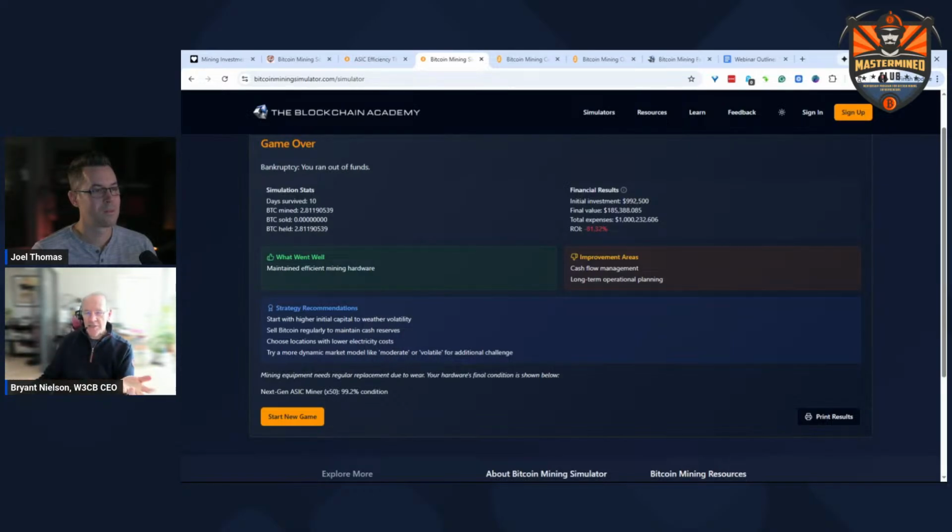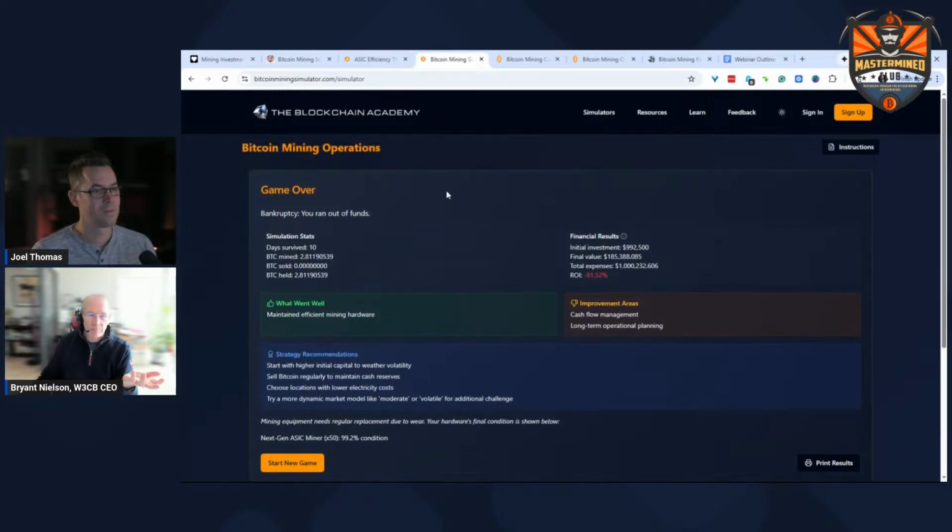And in this particular case, because we spent so much money on the machines and the facility, we had no money, and we immediately went out of business. We ran out of funds. We have well-maintained, efficient mining hardware. We could improve some of our cash flows, and of course our ROI is horrible because we weren't able to do anything.